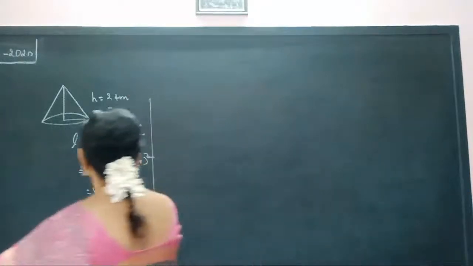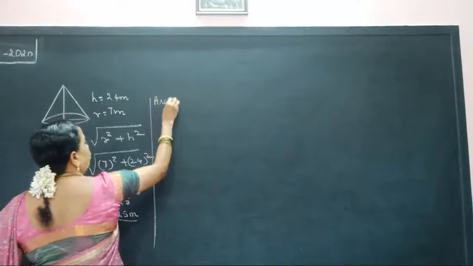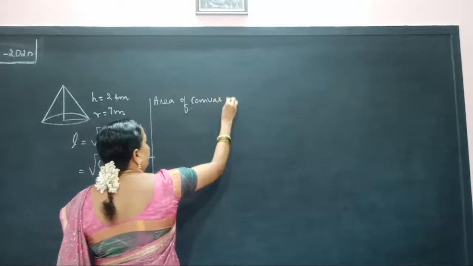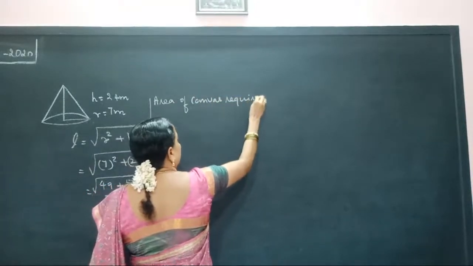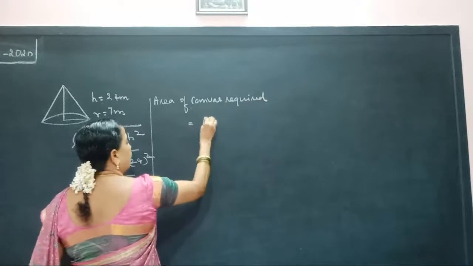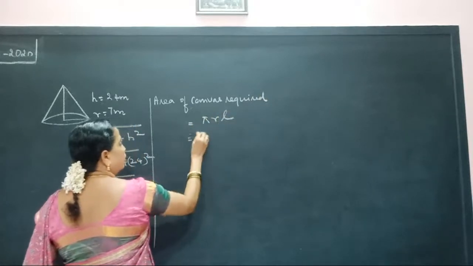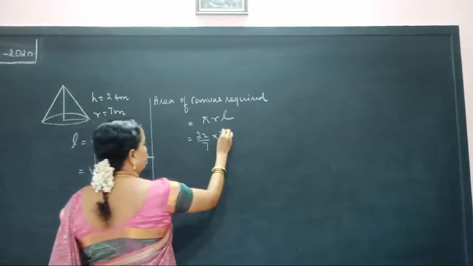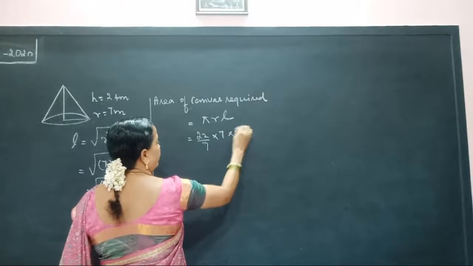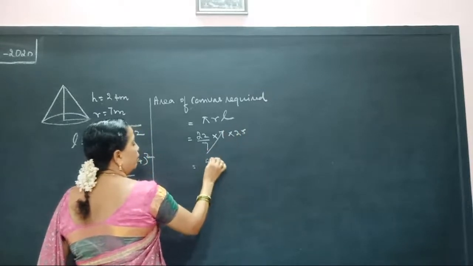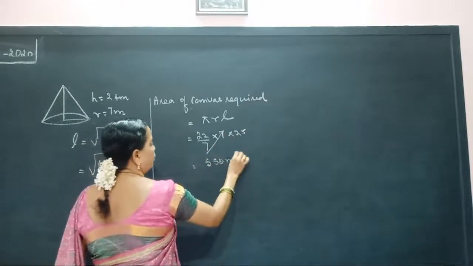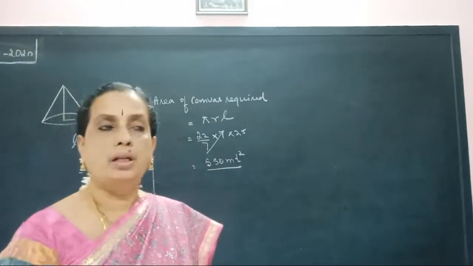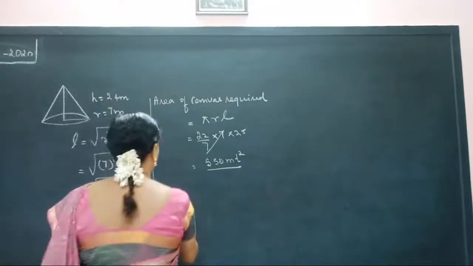So finding l, now you write area of canvas required equals pi r l, 22 by 7, radius is 7, slant height is 25. Cancelling, you get 550 meters square. This is the area, but in the question they have given the length of the cloth required.